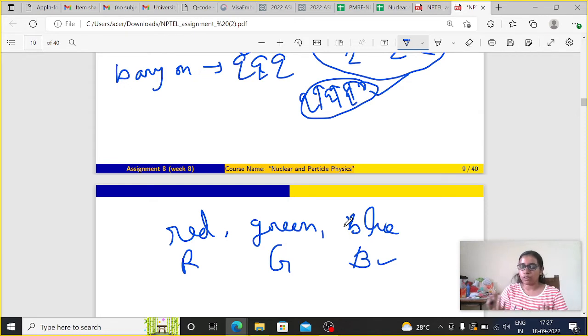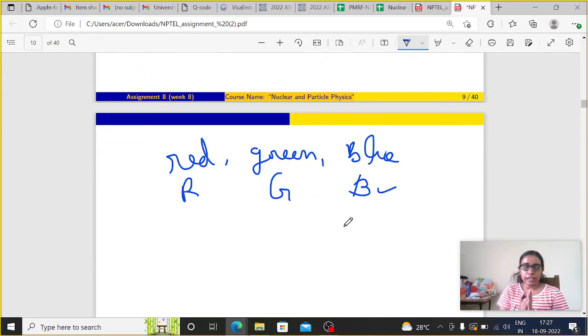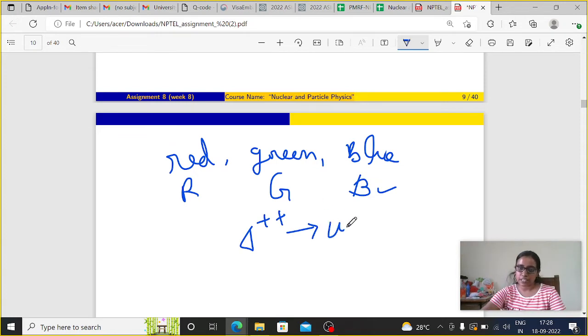But what will it do? If I am writing here, let's say, delta plus plus, you know that the quark content of delta plus plus is UUU. Now if I just write the spin of this also, then it will be like that.